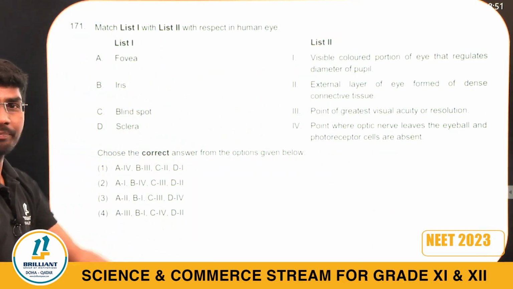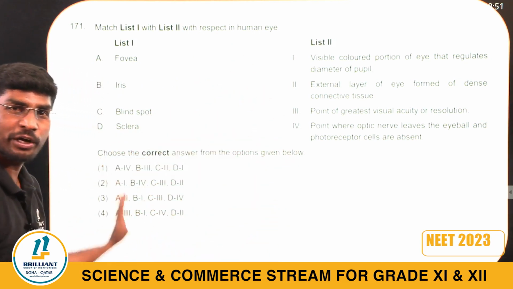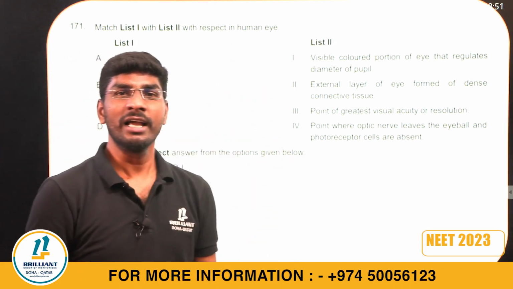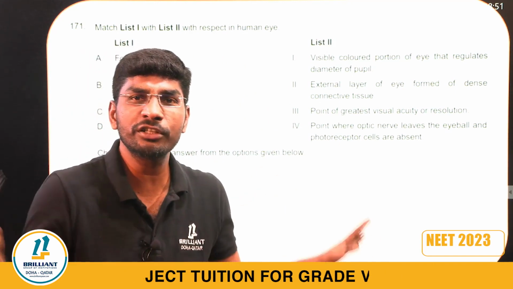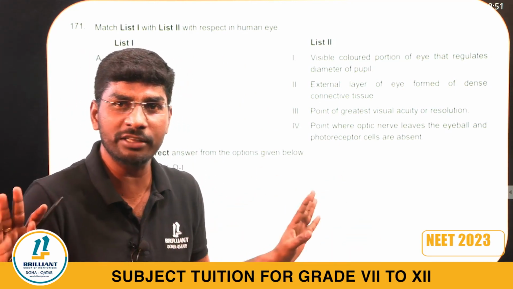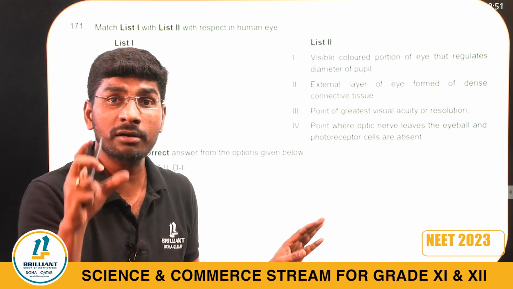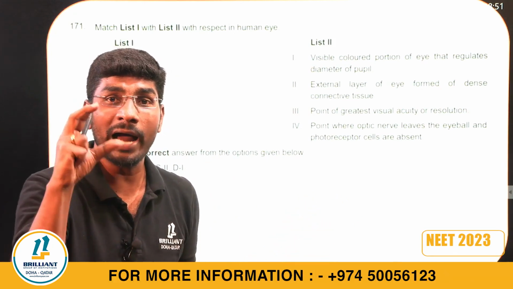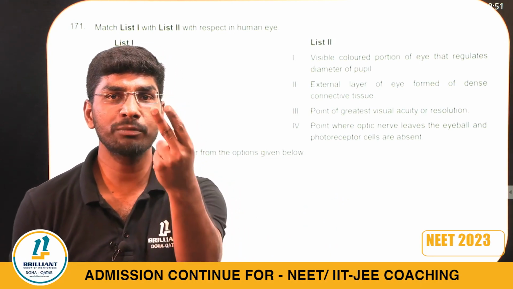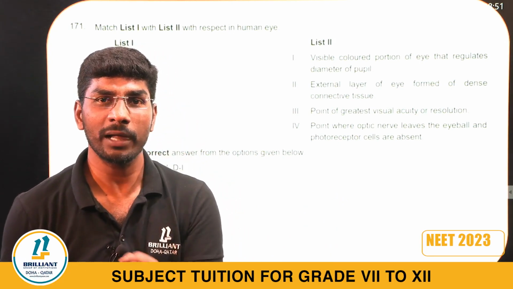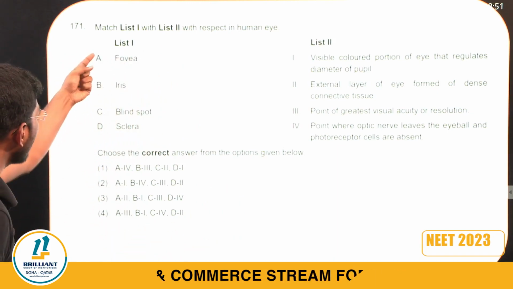171. Again a match the following question, from the human eye. If you are a Brilliant crash course student, 100% you might have done this question, because I explained the structure of eye anatomy in the class: the fovea, the blind spot, the cornea. Look here, fovea and blind spot.